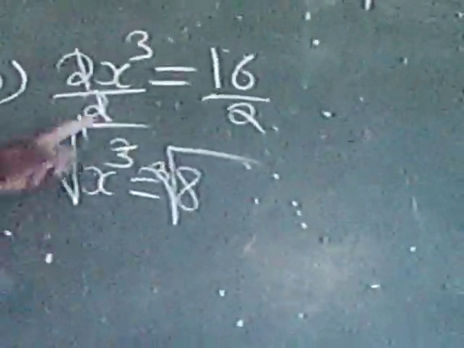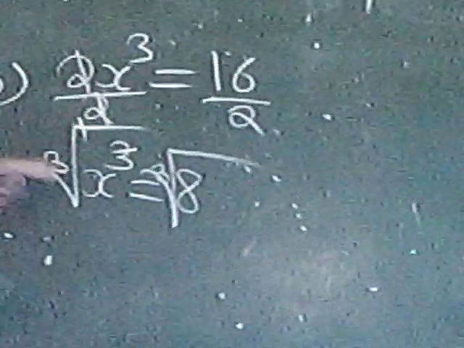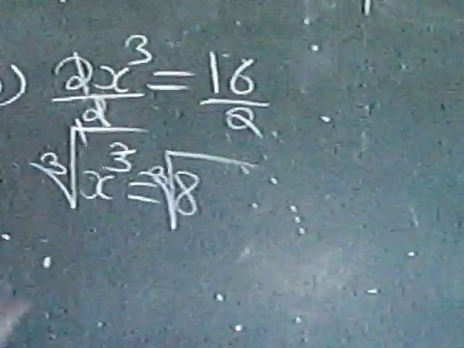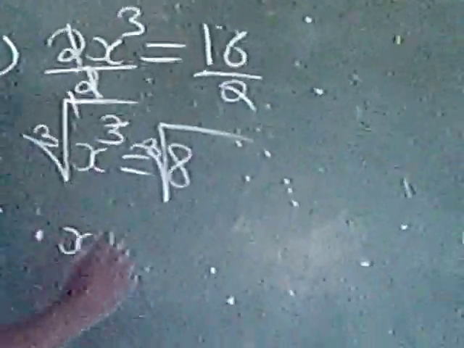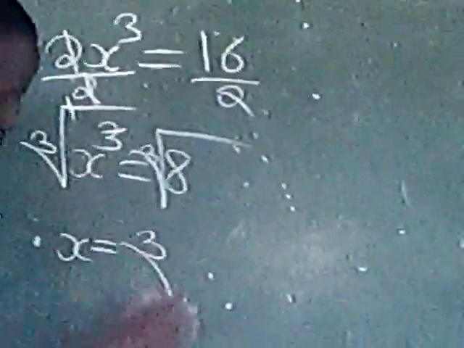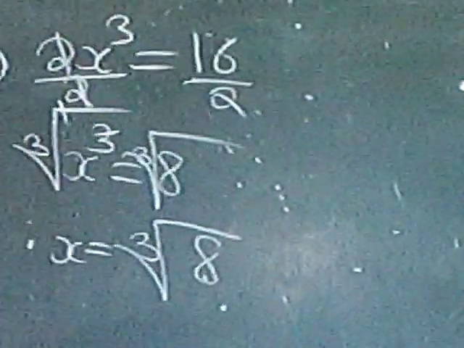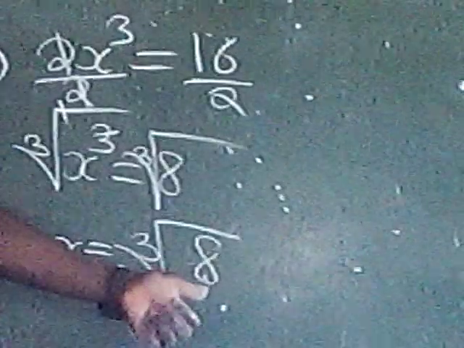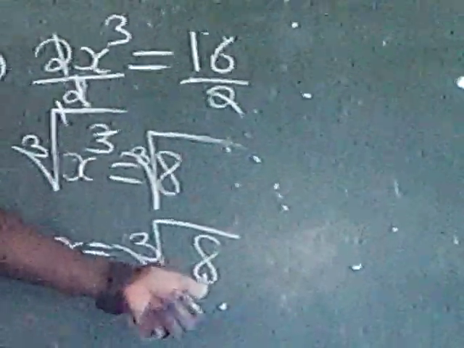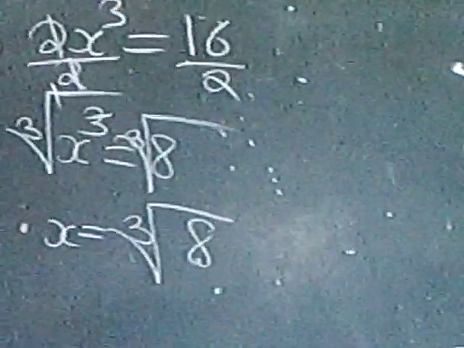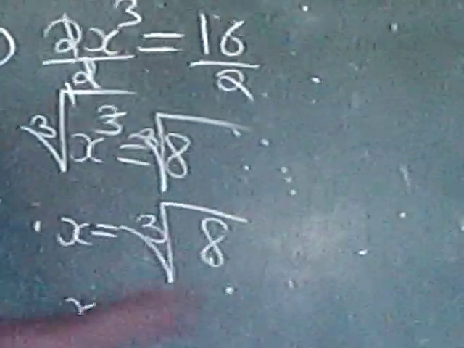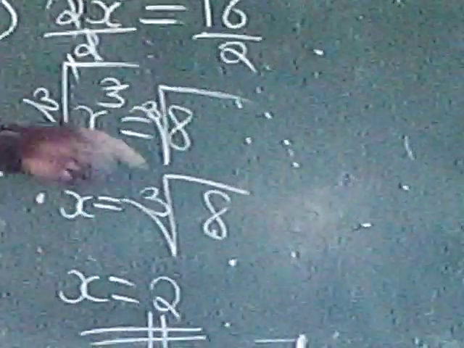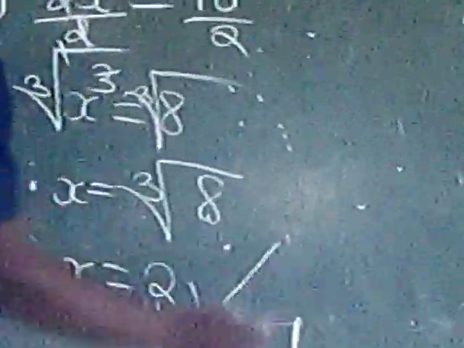Yes, the cube root symbol and the power 3 will cancel out. And the x is equal to the cube root of 8. What is that number? If it multiplies itself 3 times, it will give you 8. That's the cube root. And that is a 2. So the cube root of 8 is actually 2, because 2 times 2 times 2 is 8. And this is the answer.